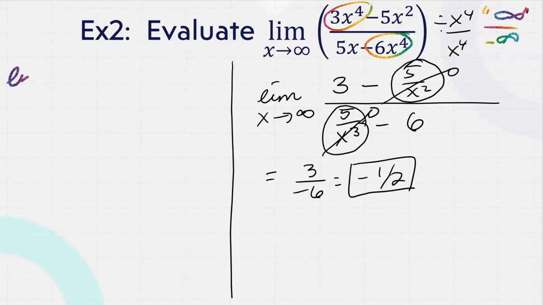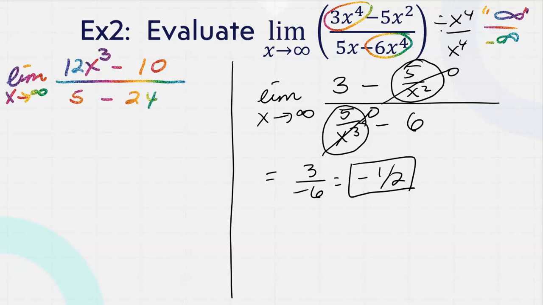So we can apply L'Hopital's rule there. When we apply L'Hopital's rule, we would say the limit as x goes to infinity of the derivative of the numerator, which would be 12x to the 3rd minus, not 5x, but 5 times 2 is 10x, divided by 5 minus 24x to the third, right?